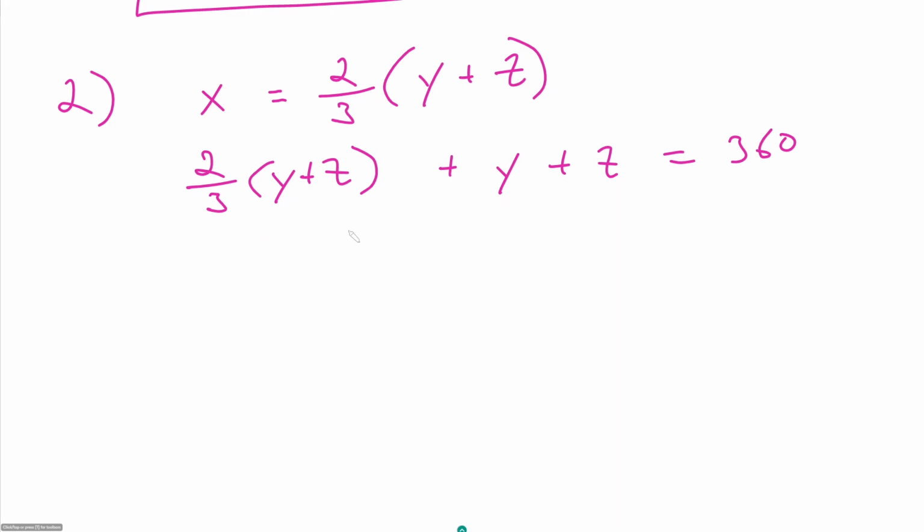So 2/3 y plus y is going to give us 1 2/3 y, and then 2/3 z plus z will give us 1 2/3 z is equal to 360. 1 2/3 is 5/3. So let's write it that way. 5/3 y plus 5/3 z. So we can factor out the 5/3 here.